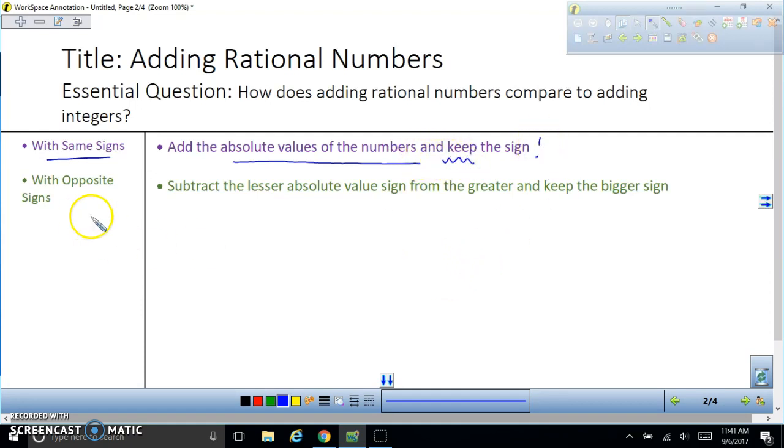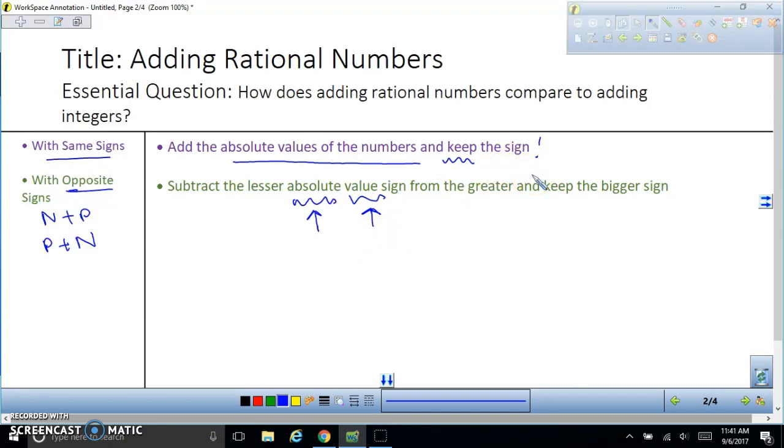Okay. If they're opposites, so a negative plus a positive or a positive plus a negative, you're going to subtract the lesser, super important, absolute value. Sometimes I forget to say that when I'm talking to you. The lesser absolute value, and you're going to keep the sign.